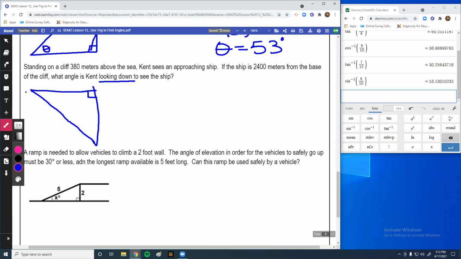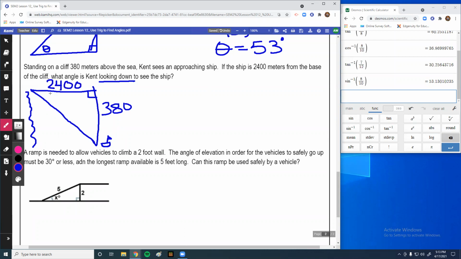So over here is the cliff. It is 380 meters above the sea. So 380. And then the ship, which would be down here, is 240 meters from the base. So that's going to be our horizontal. Did I say 240? I meant 2400.